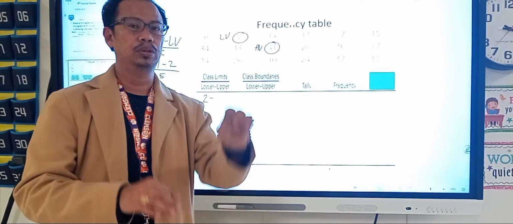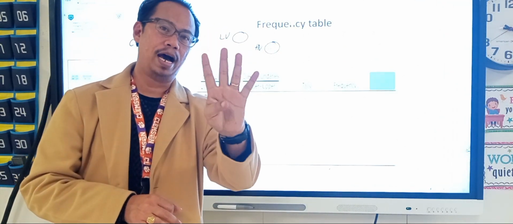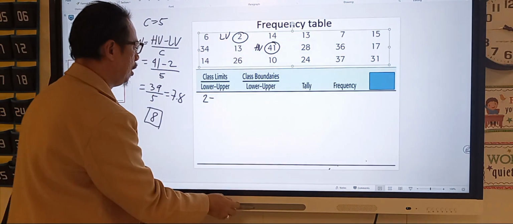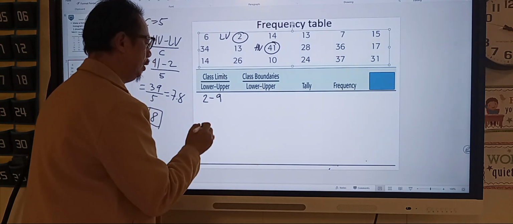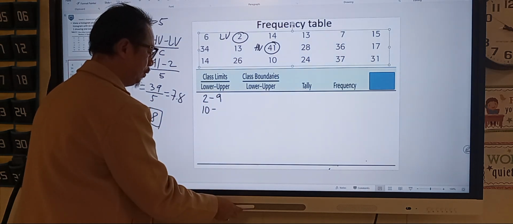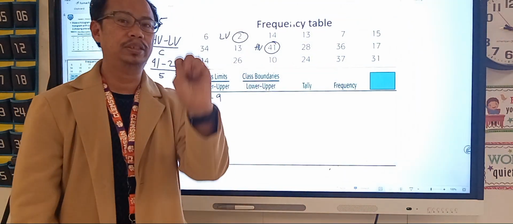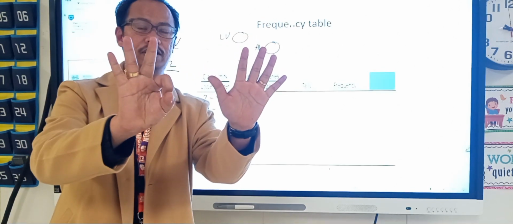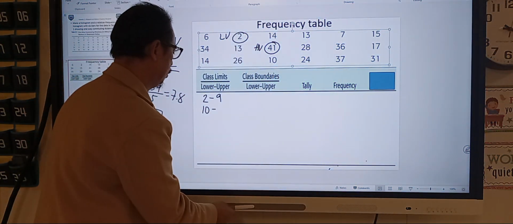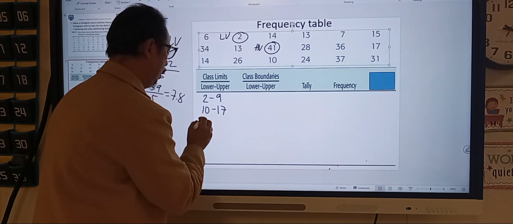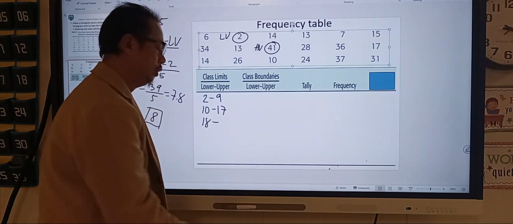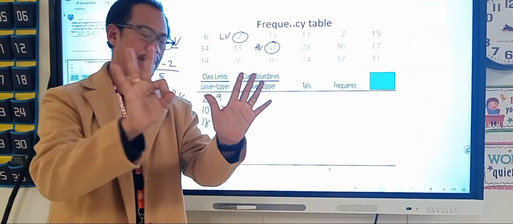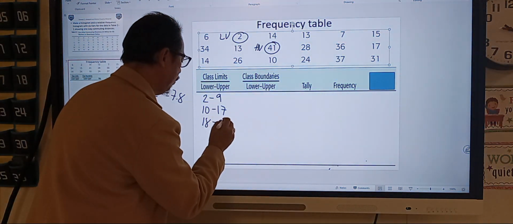Okay, so we got 2, 3, 4, 5, 6, 7, 8, 9. So the next number here will be 9. Then 10 here. Then we proceed again by counting. Start with 10: 10, 11, 12, 13, 14, 15, 16, 17. So 17. Then 18 here: 18, 19, 20, 21, 22, 23, 24, 25. So you got 25.